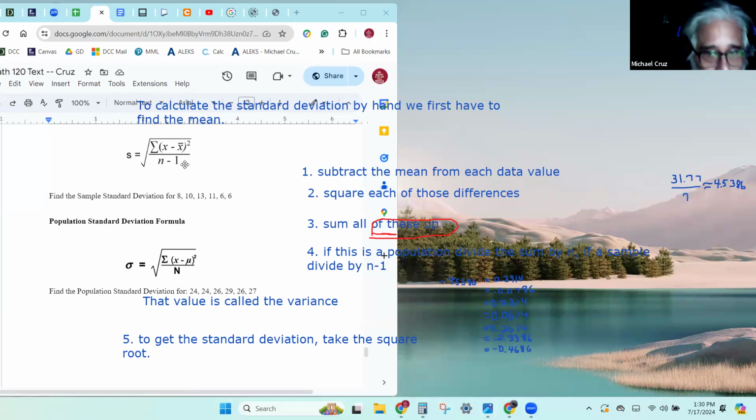Now, that's the variance, and it's different for sample and population. The standard deviation is just the square root of the variance, no matter which of the variances it is. The only thing that population versus sample affects is that last step of the variance, the dividing. Other than that, everything is exactly the same.